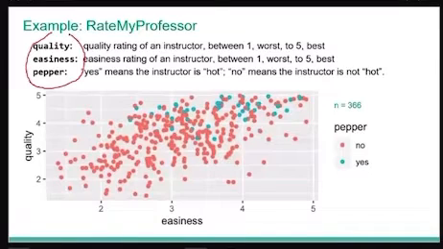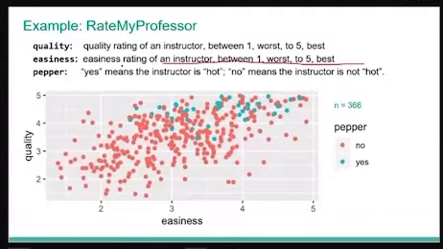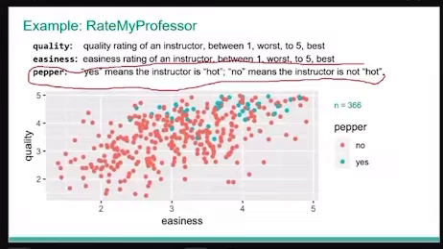But one of the explanatory variables here is categorical, which is pepper. A professor may be hot or not. That's categorical.